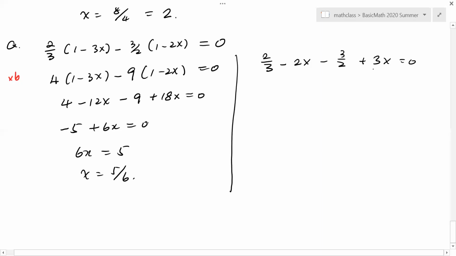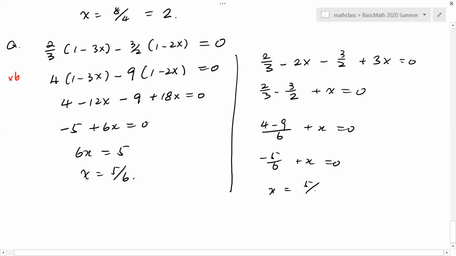Then negative 2x, then 2 over 3 minus 3 over 2 plus x equals 0. Then you just do the subtraction of these fractions, right? Which is going to be 4 minus 9 over 6, negative 5 over 6 plus x. So x should be equal to 5 over 6. So you get the same result, but different approaches. Right.